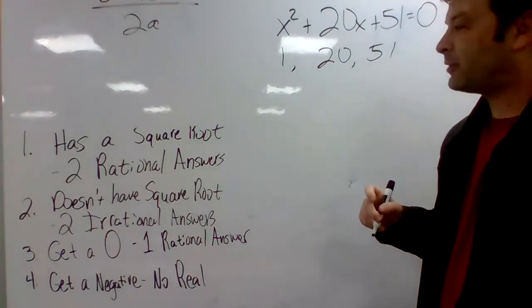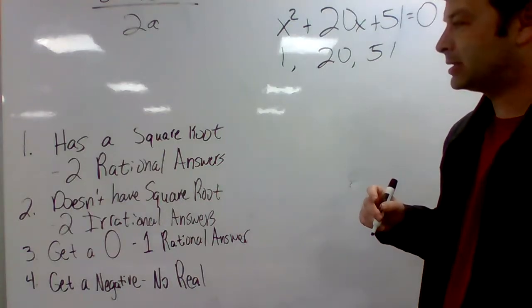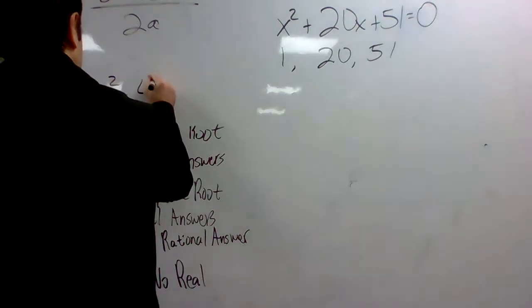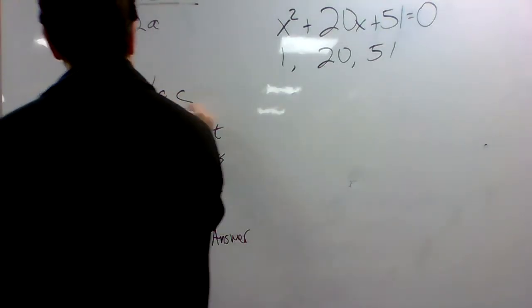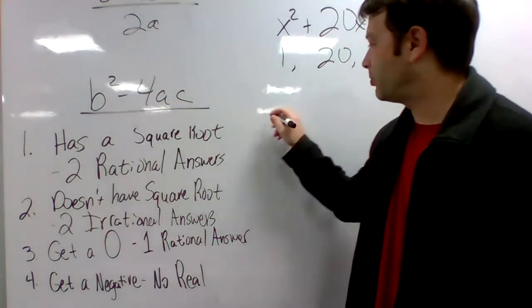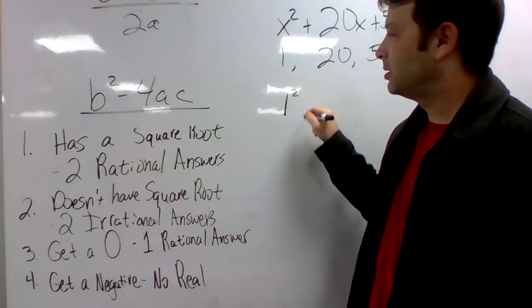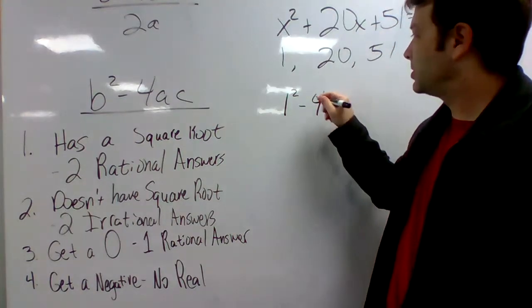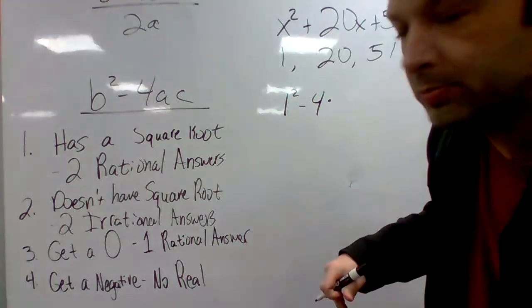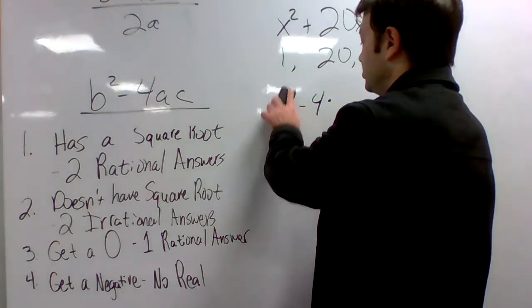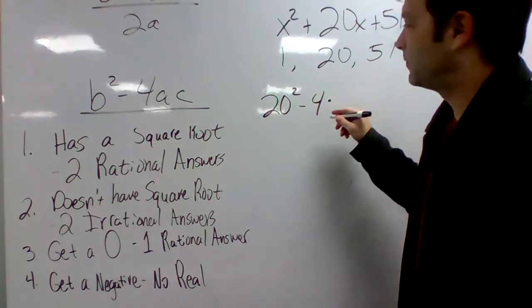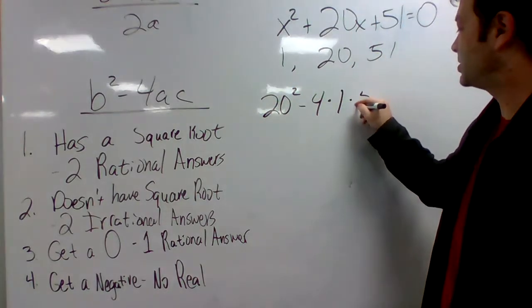If I plug those in, b squared is 20 squared, minus 4 times a times c.